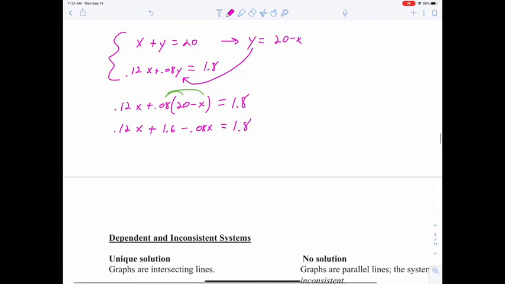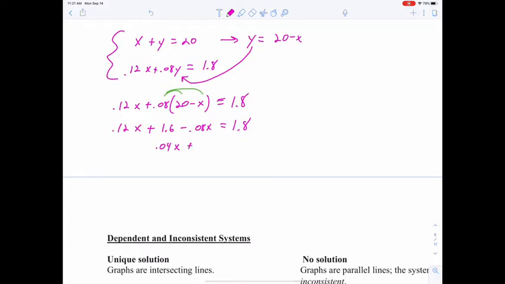And the good news here, we now have one variable, only x's, right? So combine like terms. 0.12x minus 0.08x is 0.04x. So plus 1.6 equals 1.8. We want to get x by itself, so let's subtract 1.6 from both sides. So 0.04x is going to be 0.2.